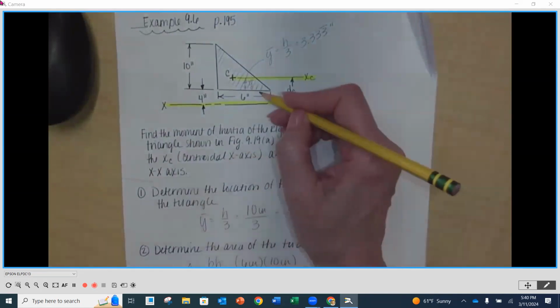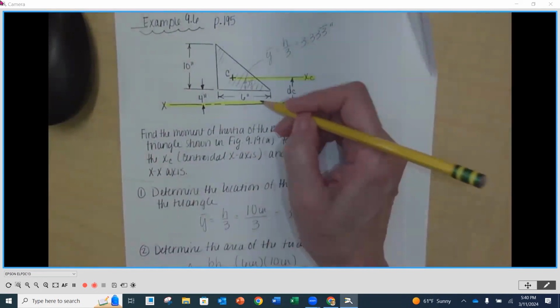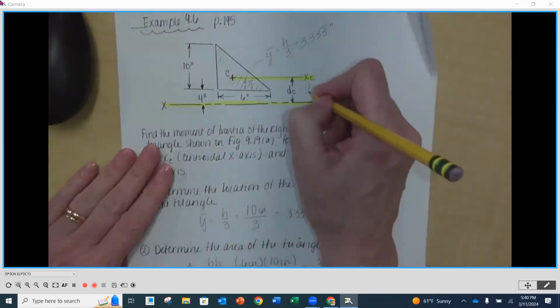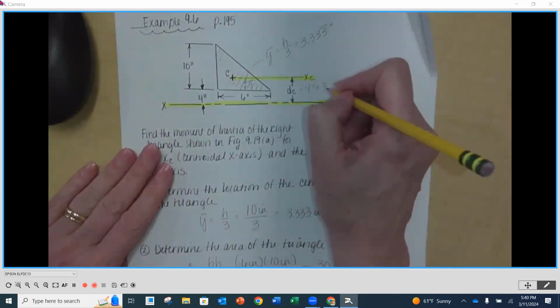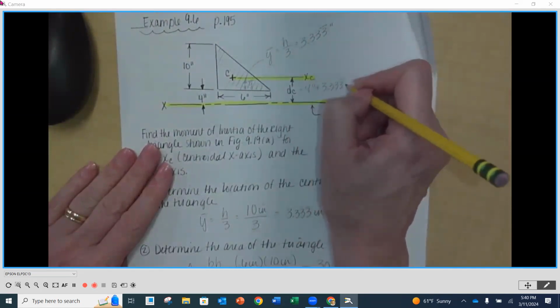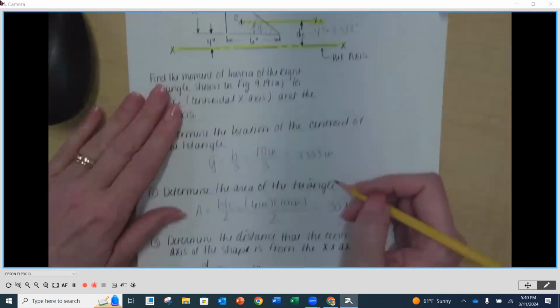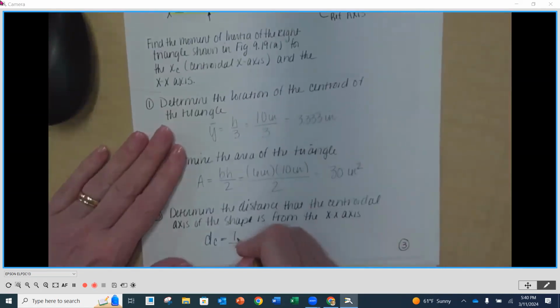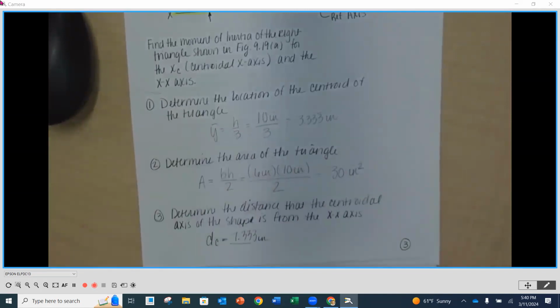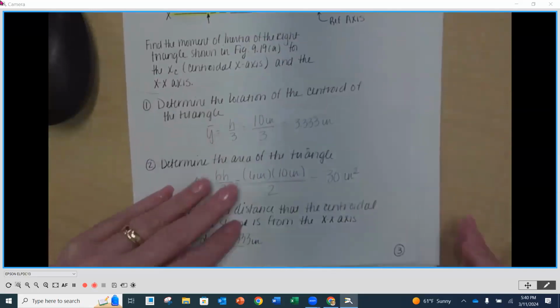We also know that the distance from the bottom here is 4 inches. So this is going to be 4 inches plus 3.333 repeating inches, which is going to be 7.333 inches. All right, turning the page.